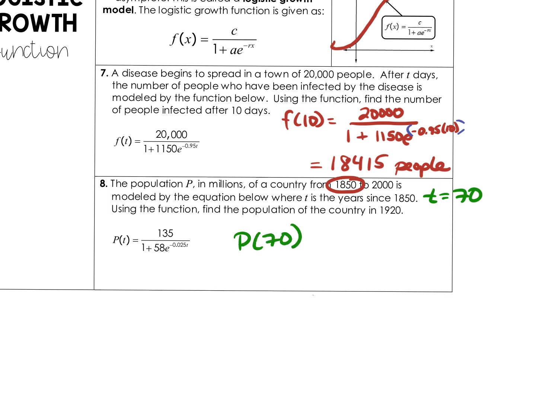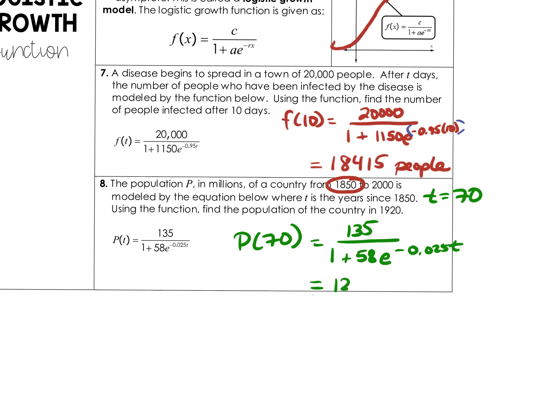Now, obviously, we would assume that this is going to give us a pretty big population as population grows. So 135 over 1 plus 58 e to the negative 0.025 to the t. So, again, try this, put it in your calculator, see if you get what I get.